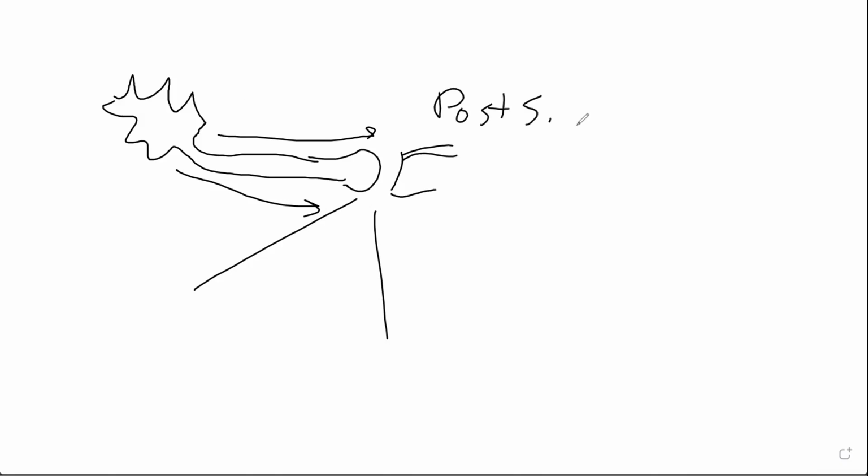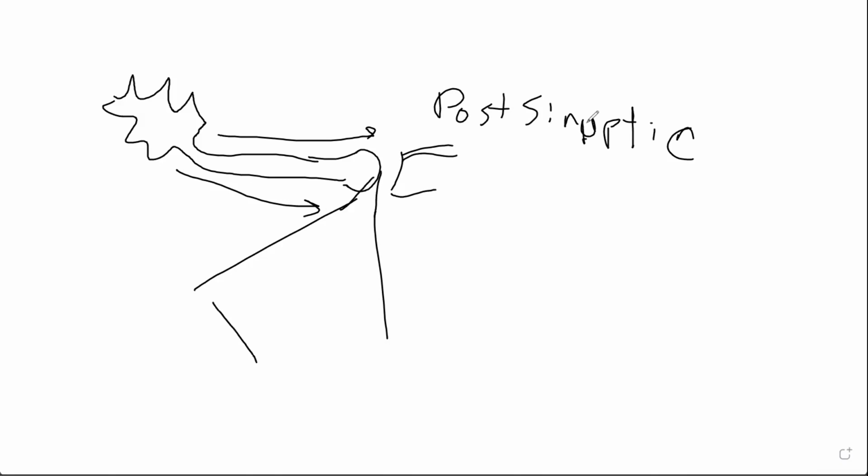So what happens here, and you have here another neuron that we're going to call postsynaptic, because synapsis is the process of transmitting information from one neuron to the other.